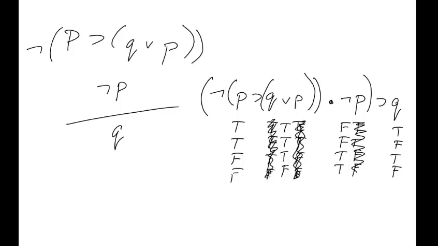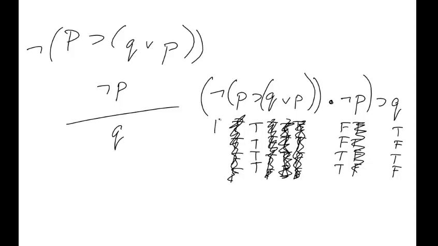There we see what we're dealing with. Now we've got P, so is it the case that if P then P or Q? Well, it should be. So T and T, true. T and T, true. F and T, true. And F, true. So the inside part is a tautology.